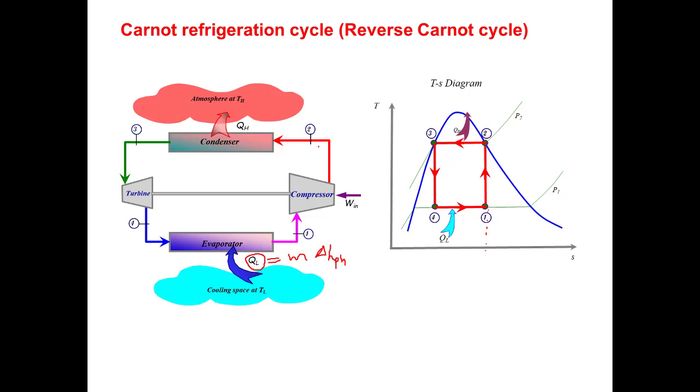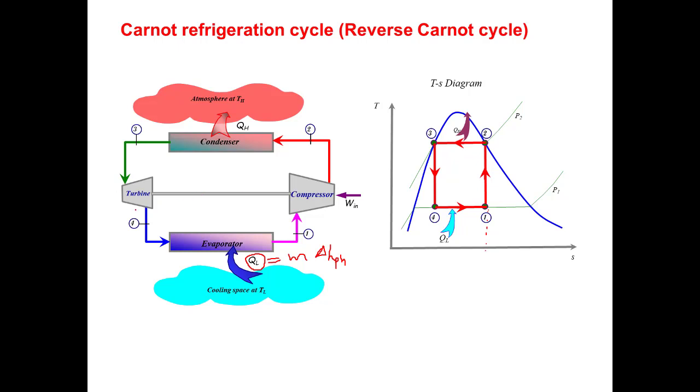And then next is the heat rejection process to the atmosphere. So again, this is a constant temperature process from 2 to 3. The heat rejection is again a constant temperature process from 2 to 3. And then the last one is the process in which we convert the high pressure liquid into low pressure and low temperature liquid. So we use an expansion device.